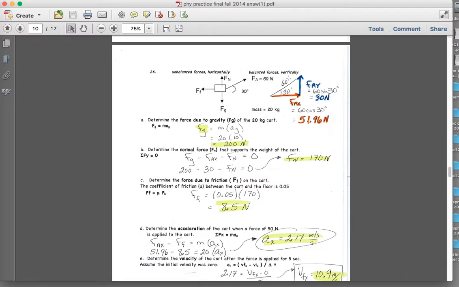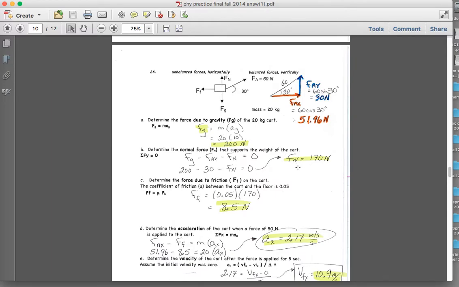The balanced forces vertically, now we got a weight. What's going to balance the weight is the normal force and this applied vertical force. So both of these force vectors going up will balance the weight pulling down. So be careful on this one. Look at the normal force.